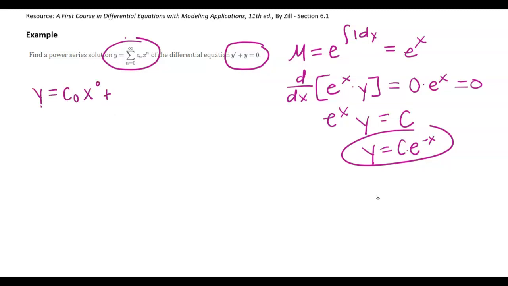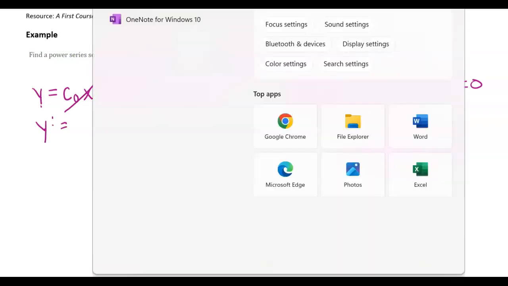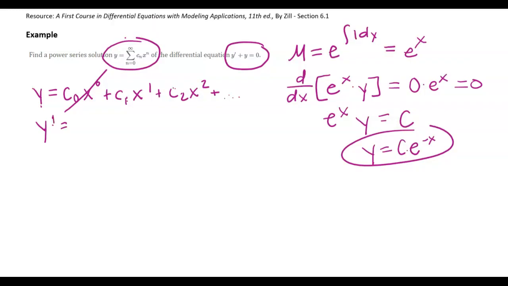C0 x to the 0, C1 x to the 1, C2 x squared, so on and so forth. When I take the derivative of that, this goes away. I end up getting C1 plus 2 C2 x to the 1, so on and so forth.